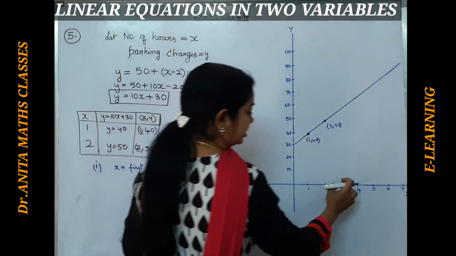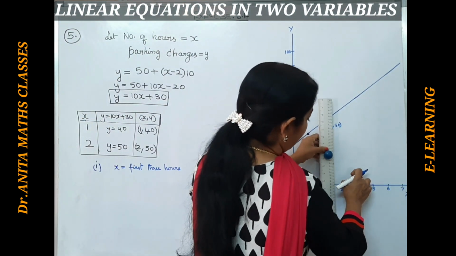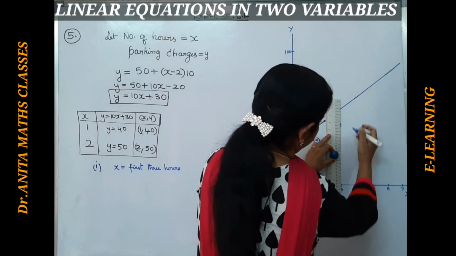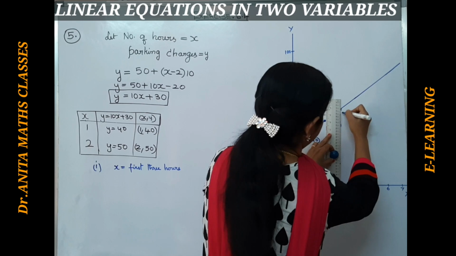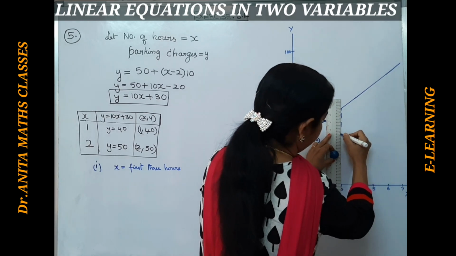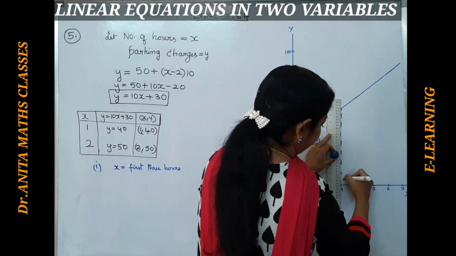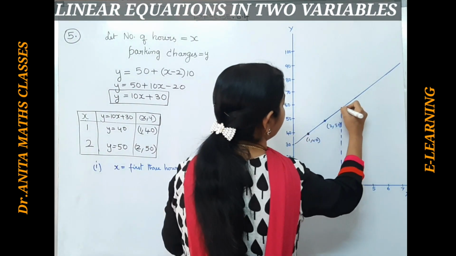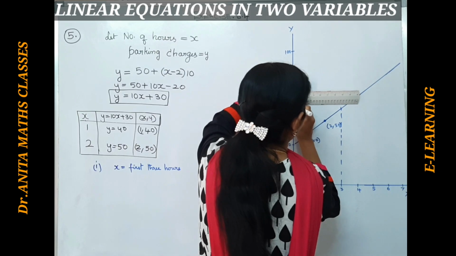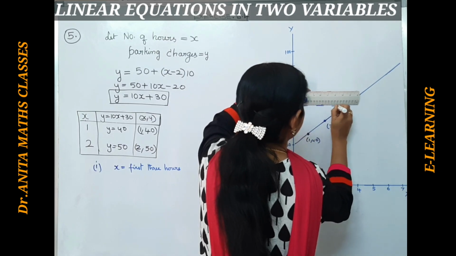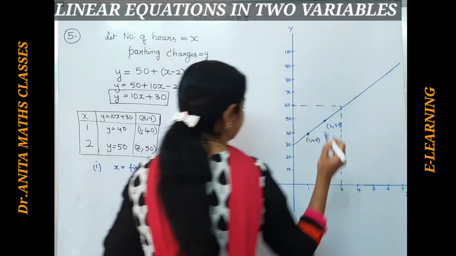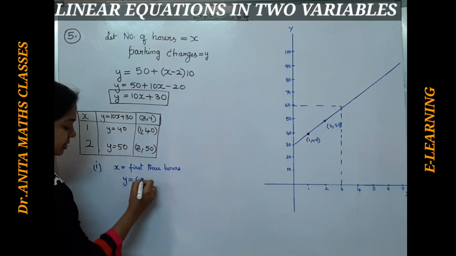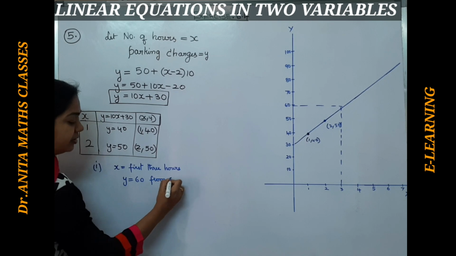From 3, let us draw a dotted line straight to the graph. It will touch the graph at some point, and this point gives you 60. So y equals 60.